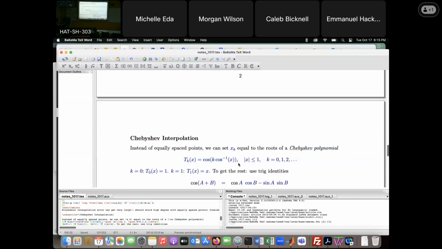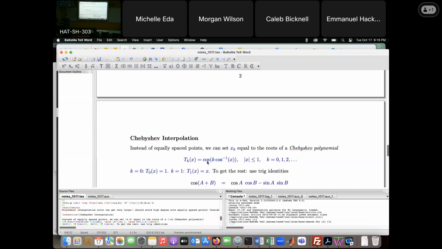But I want to point out, this definition applies only for x between -1 and 1. There is an extension to x beyond this interval that uses hyperbolic cosine, which is even less polynomial. But I can explain why, at least on the interval -1 to 1, this really is a polynomial.